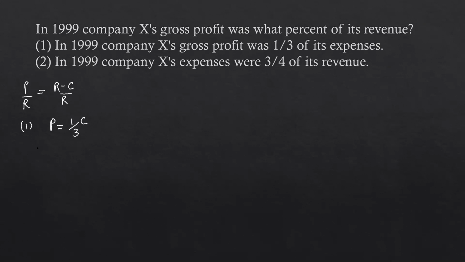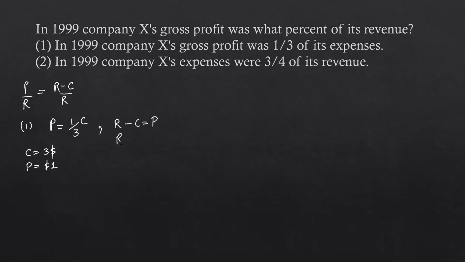I'm just thinking here. I still don't feel that this is insufficient. So I'm going to take an example. Let's say that the cost is $3, then the profit is $1. Okay, there's also another thing: revenue minus cost is equal to the profit.